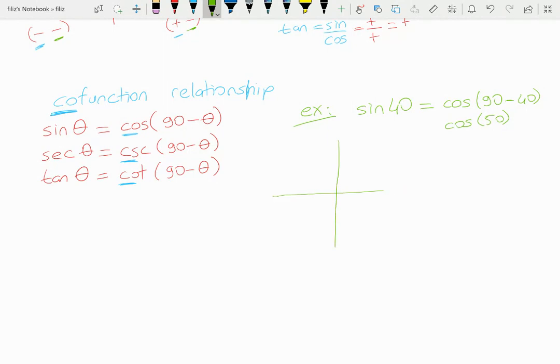Actually, let me remind you from the unit circle. On the unit circle, we have, for example, 30 degrees here and 60 degrees here. Remember, their sine and cosine values were opposite each other.